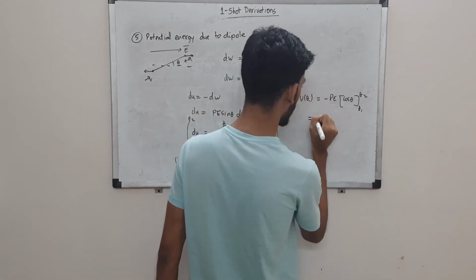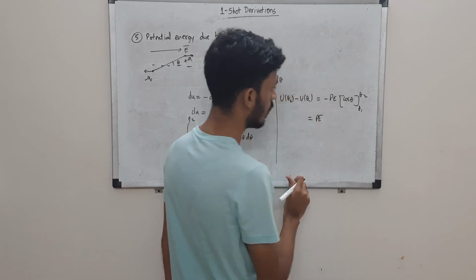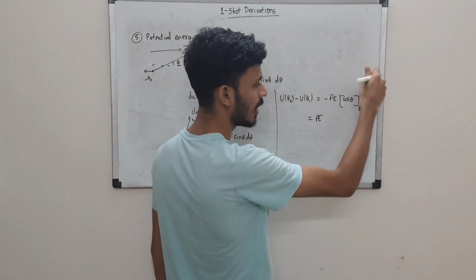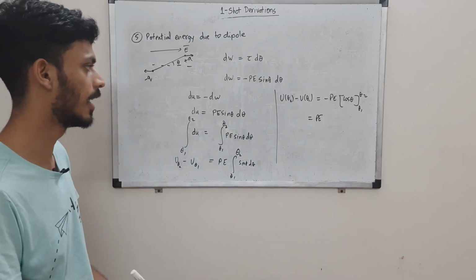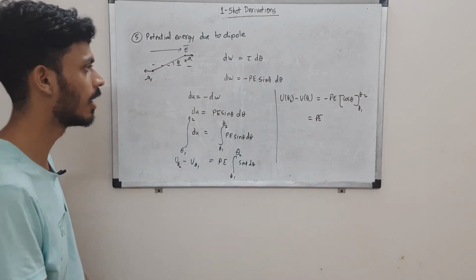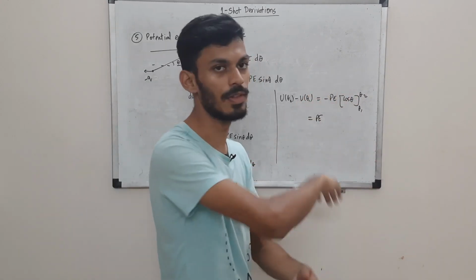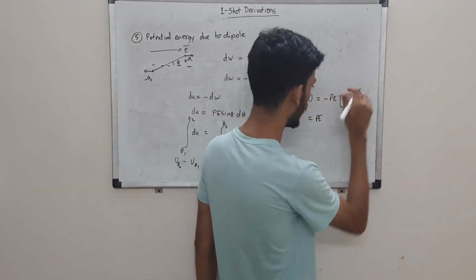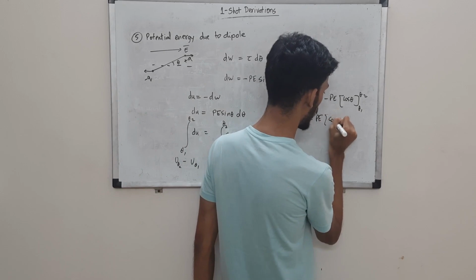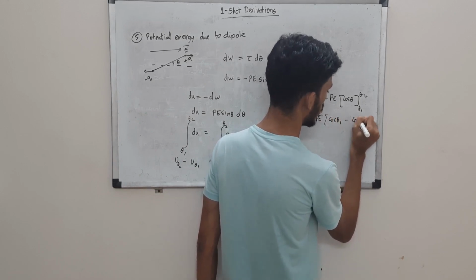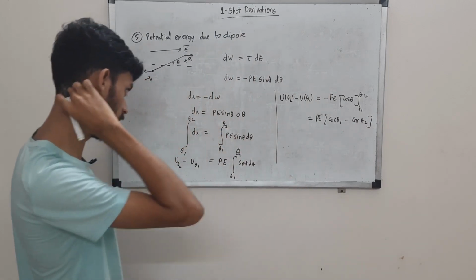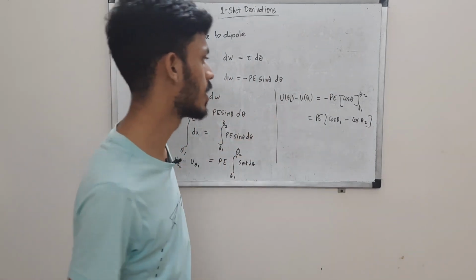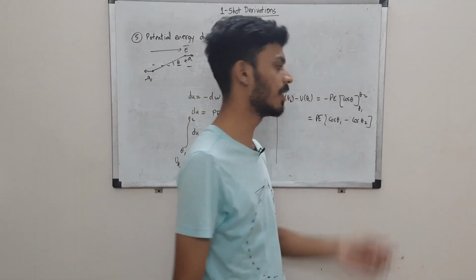We can take this minus sign in and flip the limits, which is one of the properties of the integral. So it will become P E times cos theta 1 minus cos theta 2.